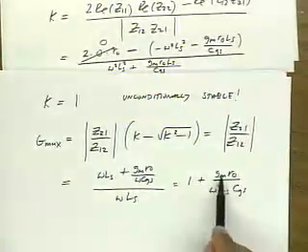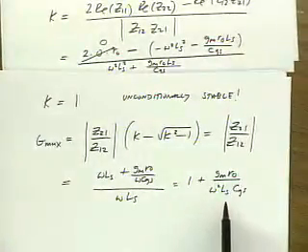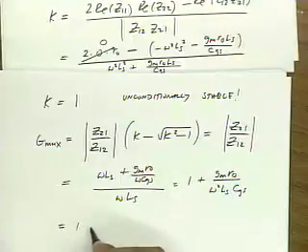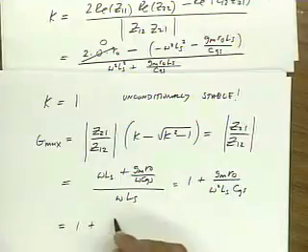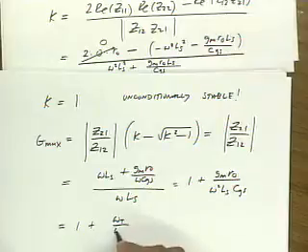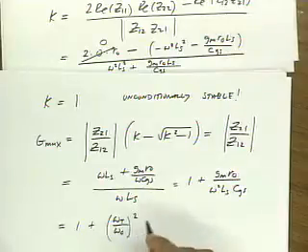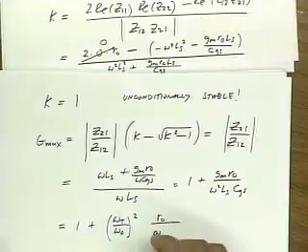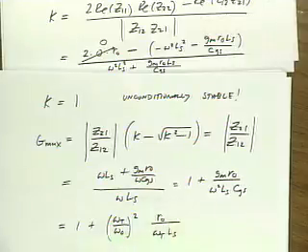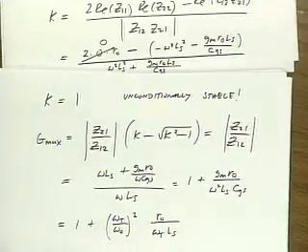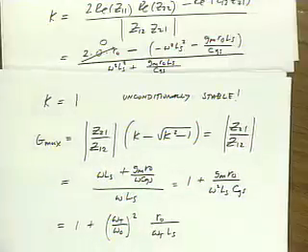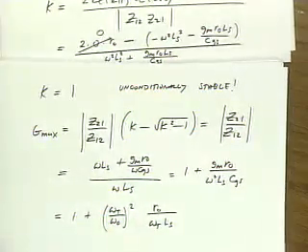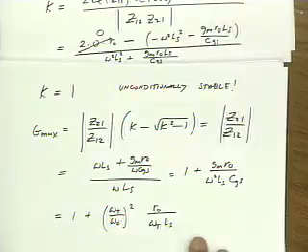And I can substitute for gm over Cgs, so I can write this as 1 plus omega T over omega naught squared divided by ro over omega T Ls. Okay? So this is the maximum gain I can get out of this device.